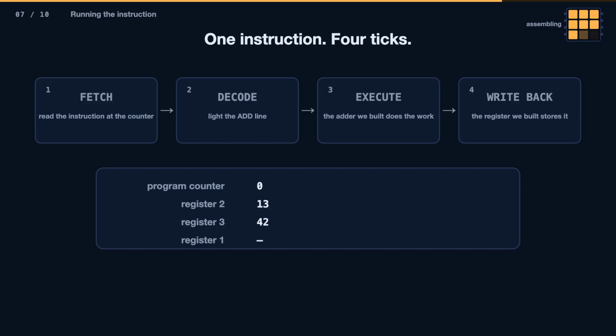So here is one complete instruction, running one tick at a time. Tick 1, fetch, read the instruction sitting at the program counter. Tick 2, decode, the AND gates light the add line.